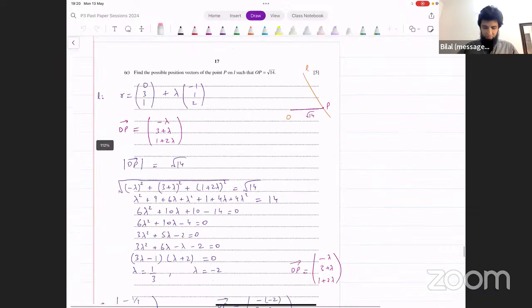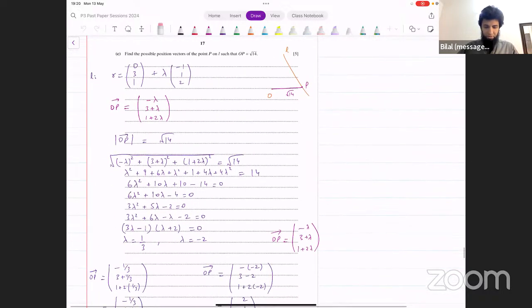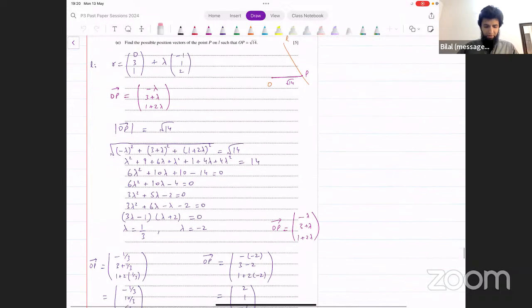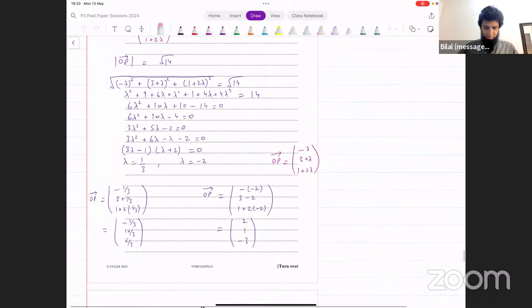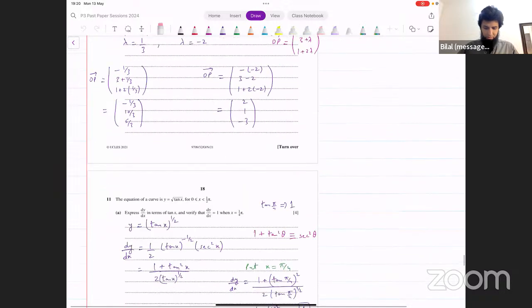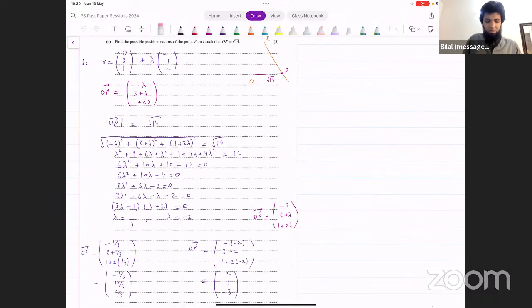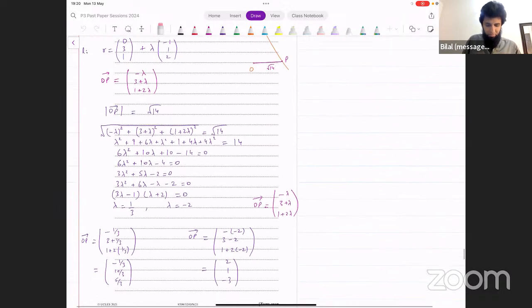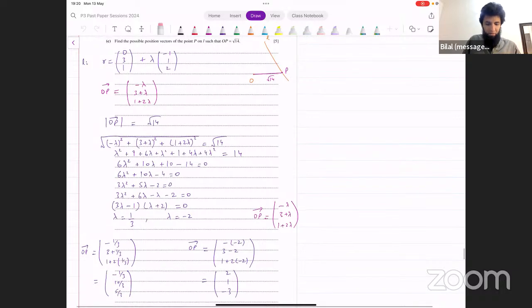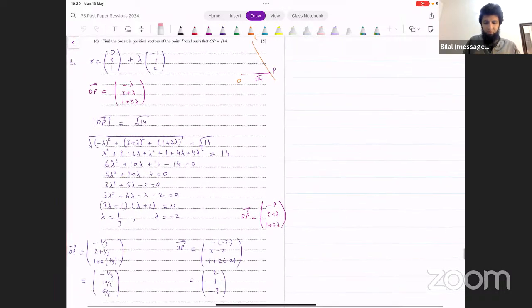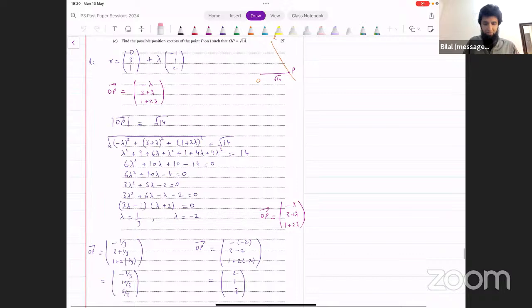Okay, this one. You just have to find the length of OP and equate them here. And that's it. Yeah, it was different, but not that complicated. You just find the length OP and equate it, find 2 values of lambda. That's how you would do part C, if that's what you're asking about.